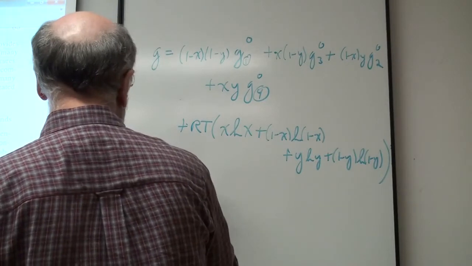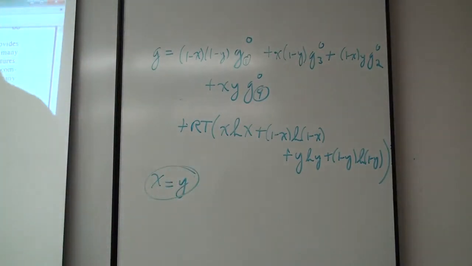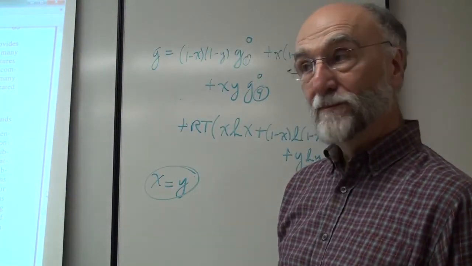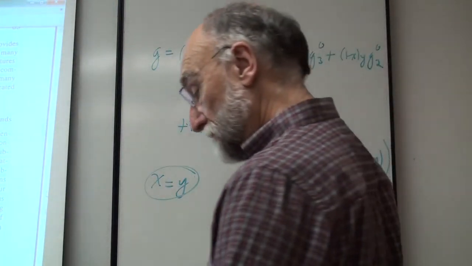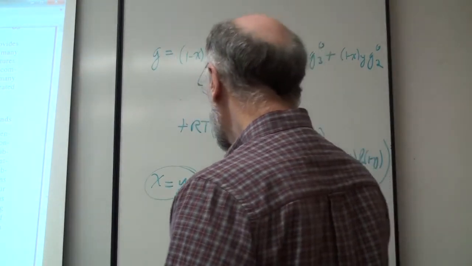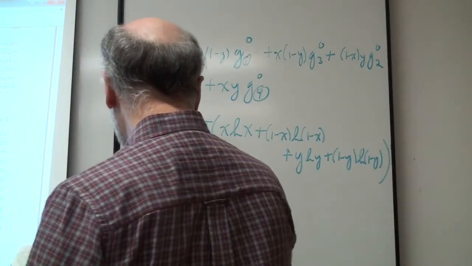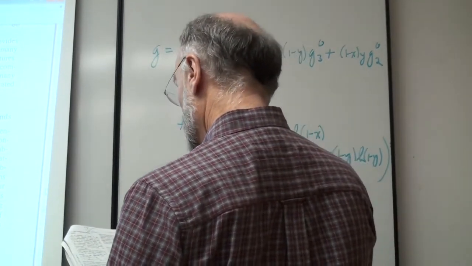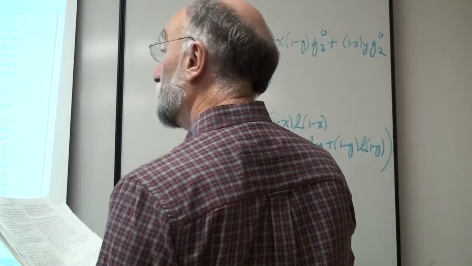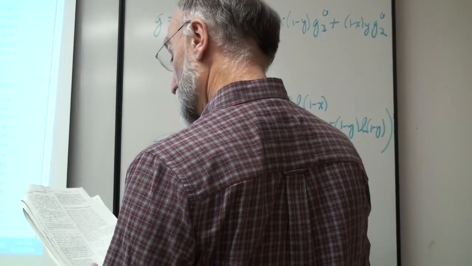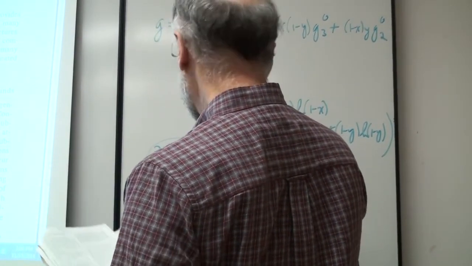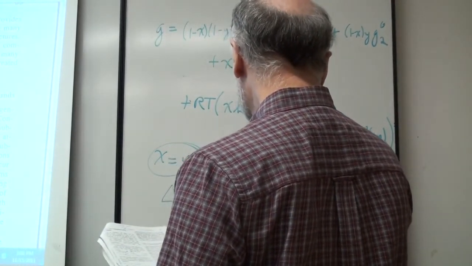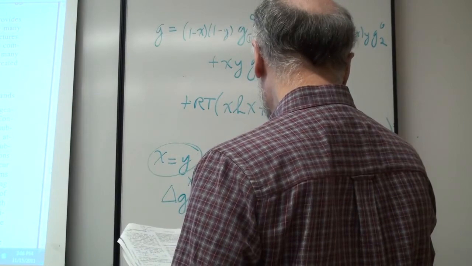And along the neutral line, you can put in x equals y. That simply keeps the total charge equal to 0. We're going to have delta G of exchange is going to be G naught 2 plus G naught 3 minus G naught 1 minus G naught 4.